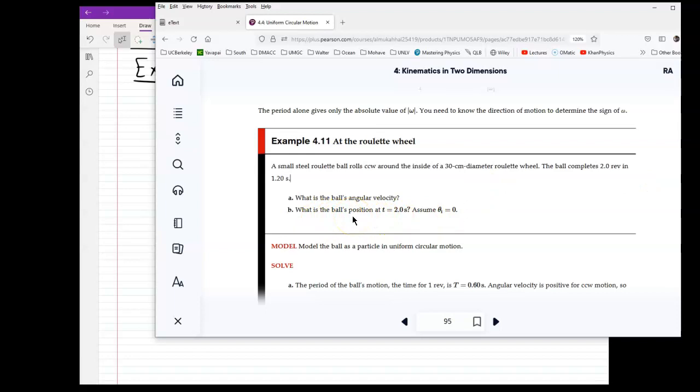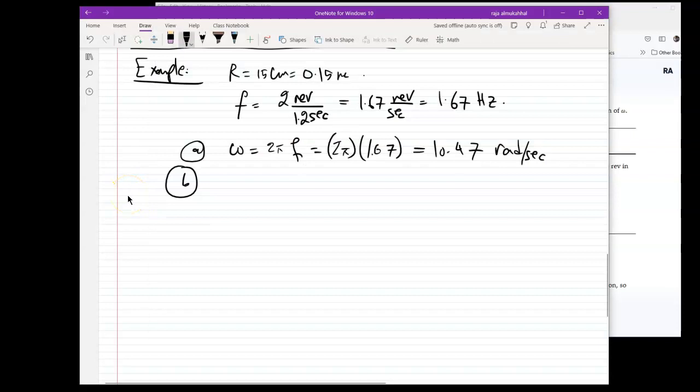And part B, he says, what's the ball position? Basically he's asking for theta on the second. The ball's position on the second. So how do we do this one? I haven't talked about it yet, but we have something called rotational kinematics.